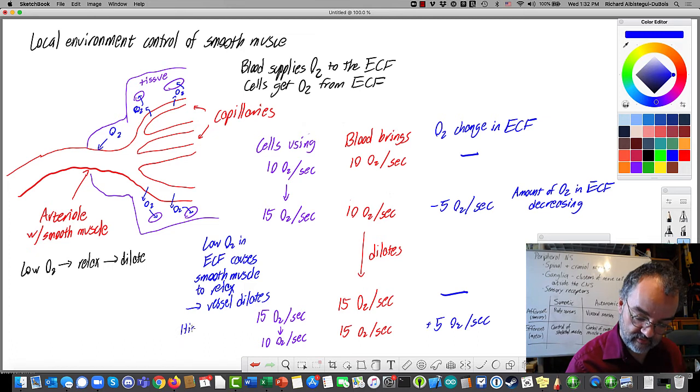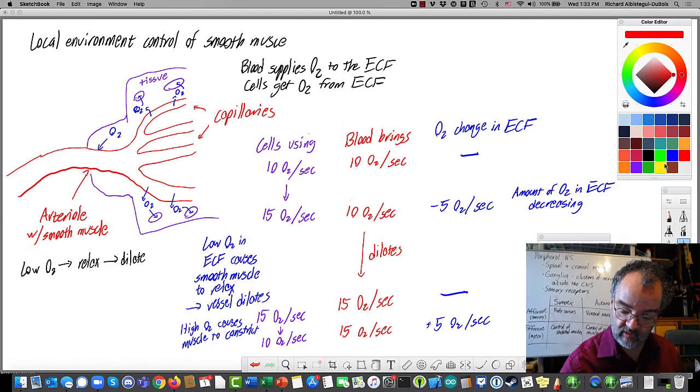high O2 causes the muscle to constrict, which will lower the blood supply so it matches the tissue again.